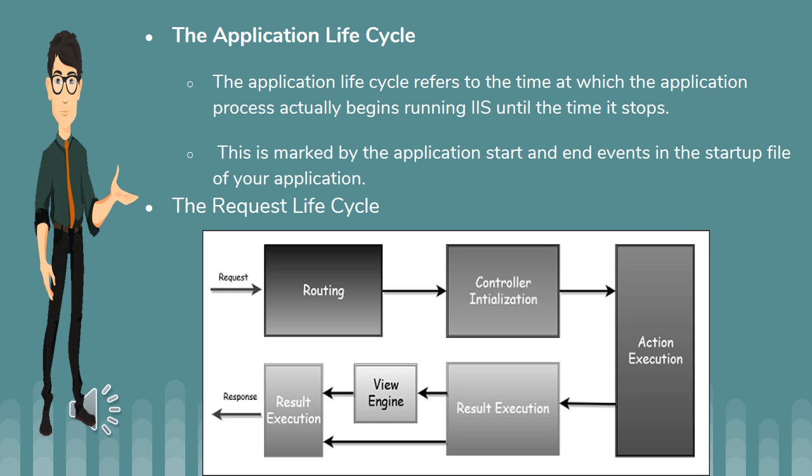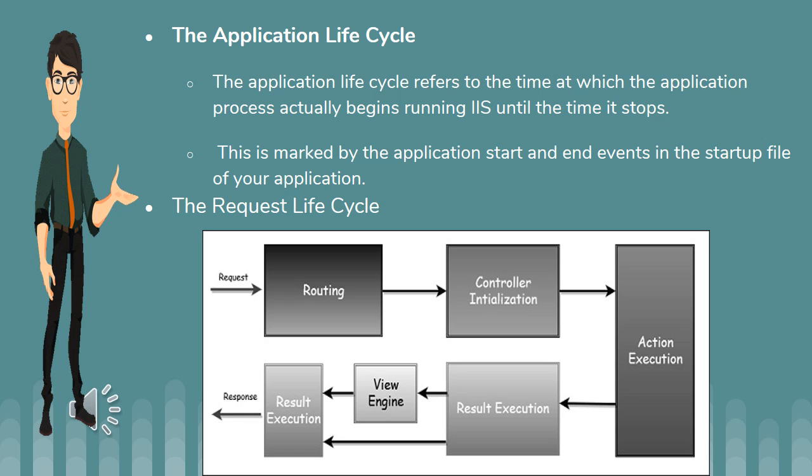Modules are .NET components that can hook into the application life cycle and add functionality. The routing module is responsible for matching the incoming URL to routes that we define in our application. All routes have an associated route handler, and this is the entry point to the MVC framework. The MVC framework handles converting the route data into a concrete controller that can handle requests.